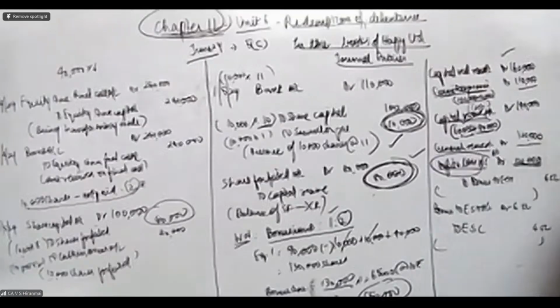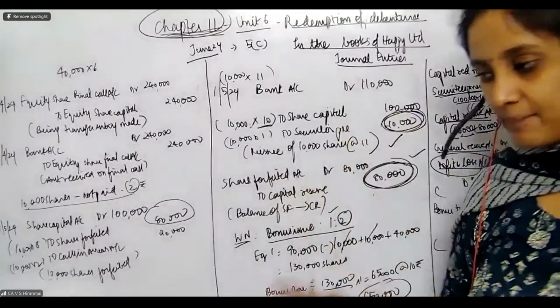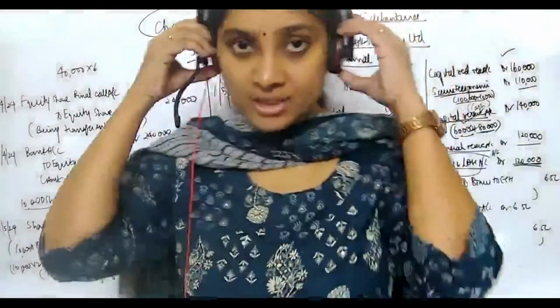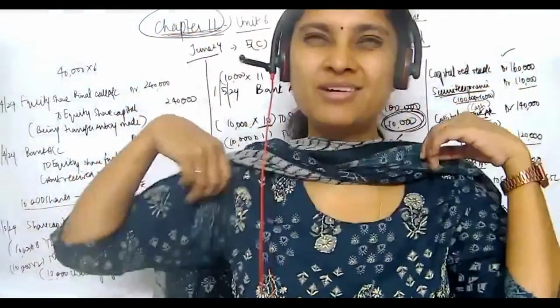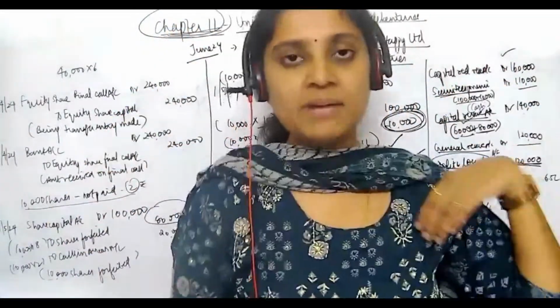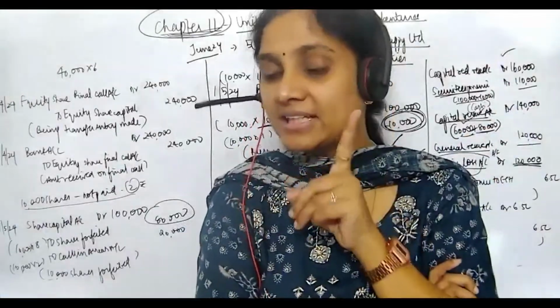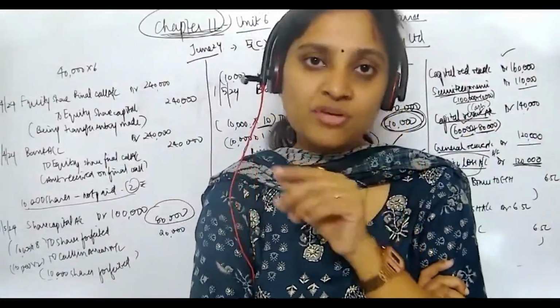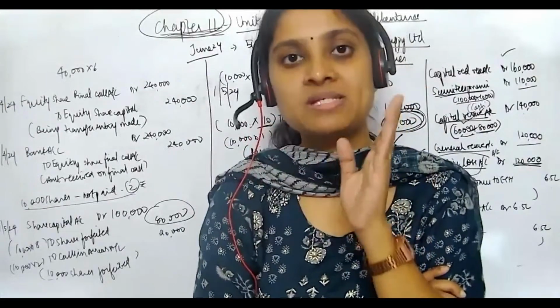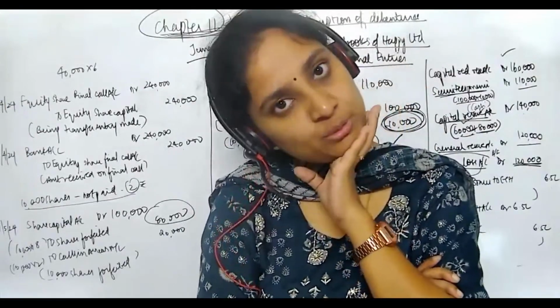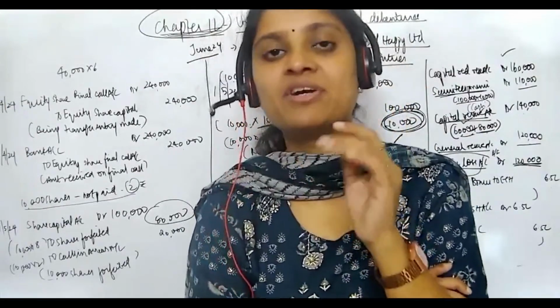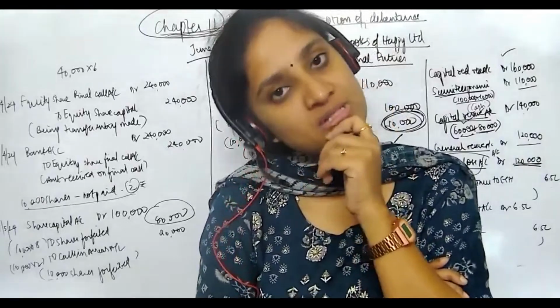The same question has come in your illustration number 9 in preference shares that I did for you in the last class, the day before yesterday. What was that I was talking about? First thing, the preference share capital: out of 100 rupees, only 75 rupees is paid up. So what are you supposed to do? Remaining 25 rupees, make the call. So what was the call that we did?